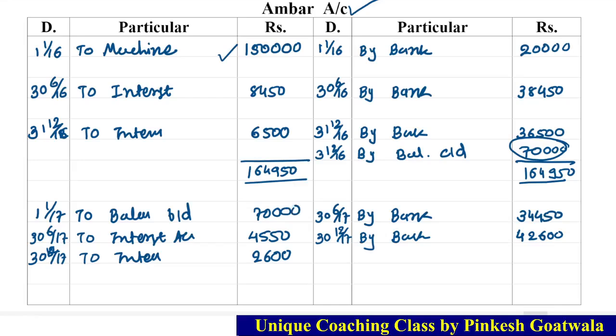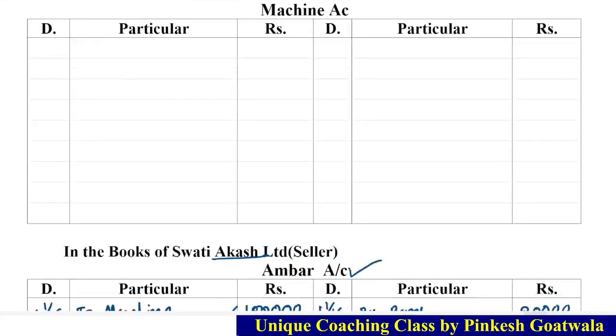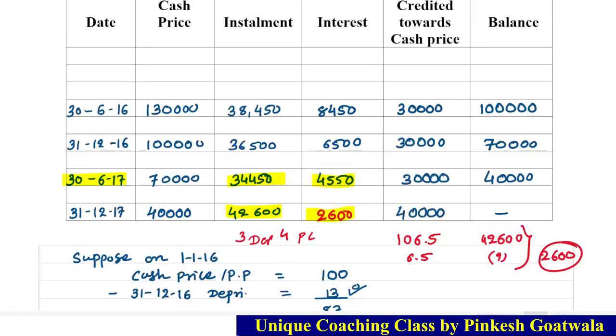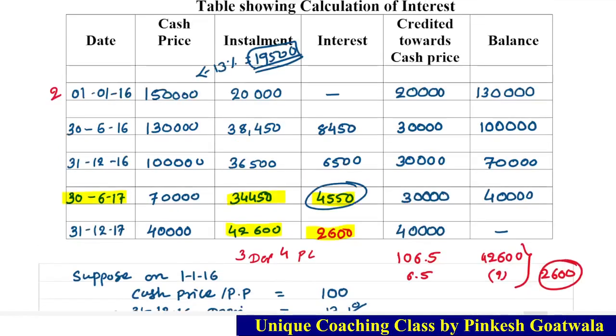Now close this amount. We know that at the end of the year every account will be balanced. Look here, it has been balanced. 34550, 42600. Here also I made a mistake in the amount. What is the amount of interest? 4550.